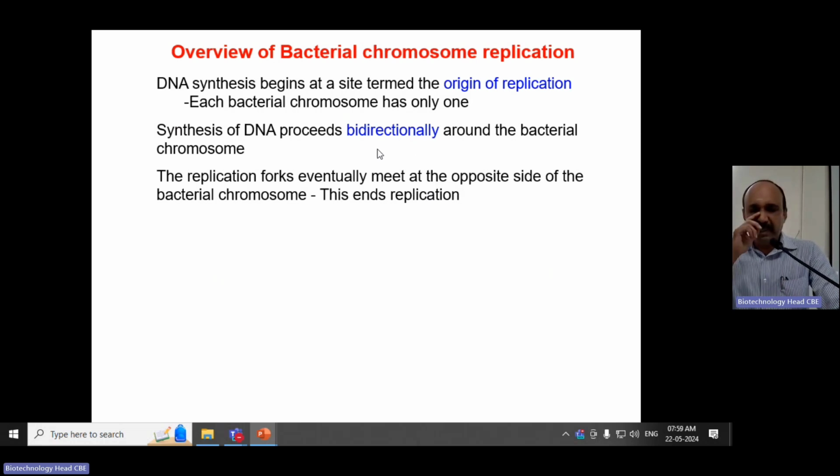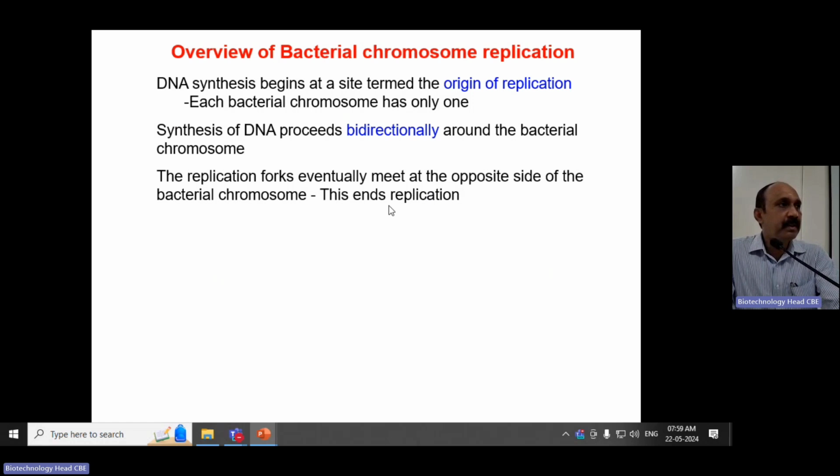We gave an example of the bicycle tire, where you have the tube and the tire separating from each other. The end of replication comes when the replication forks meet at the opposite side of the bacterial chromosome.